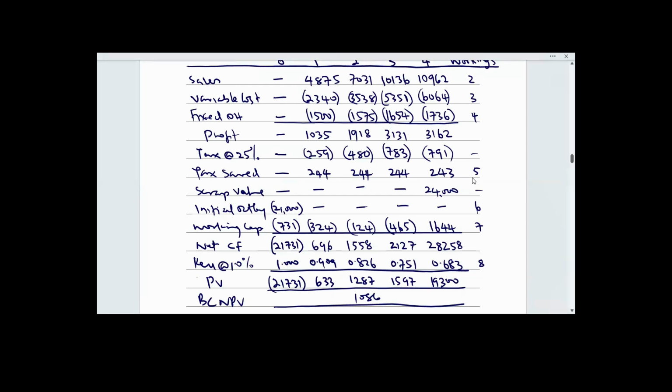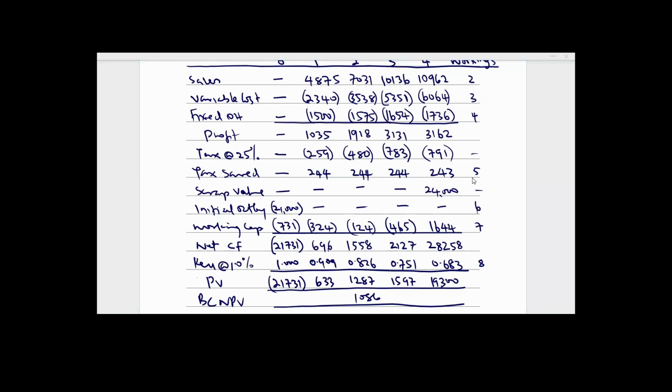Let me check this last one, which is 3,162. Before that, 10,962. Sorry. 10,962 minus 6,064 minus 1,736 equals 3,162 multiplied by 0.25 equals 791.